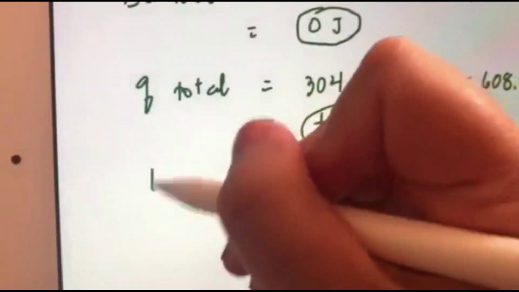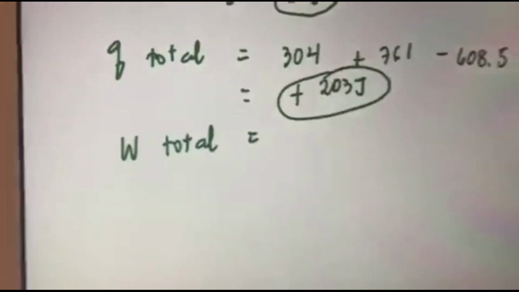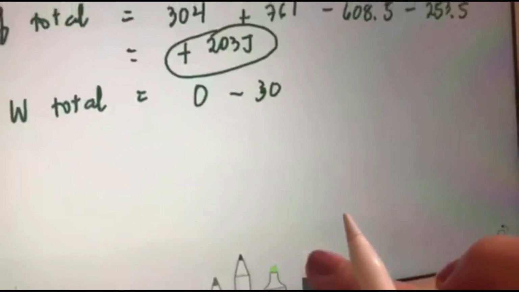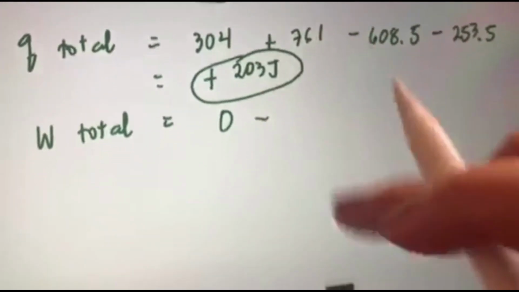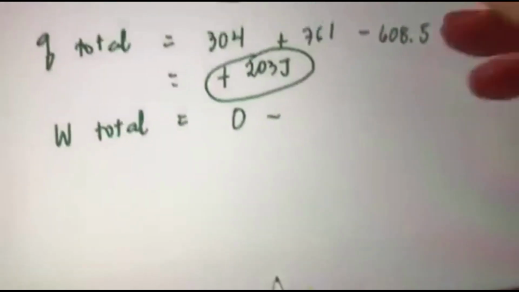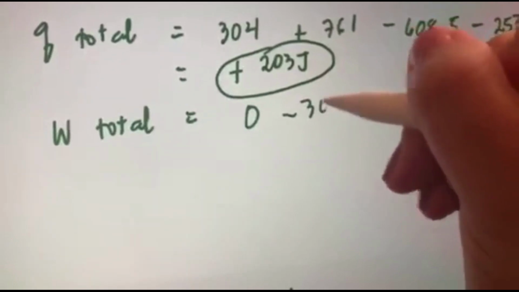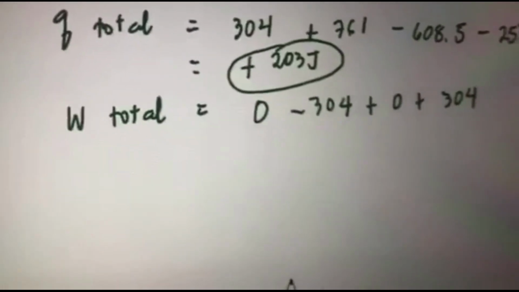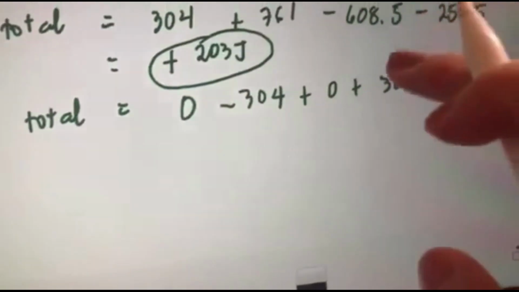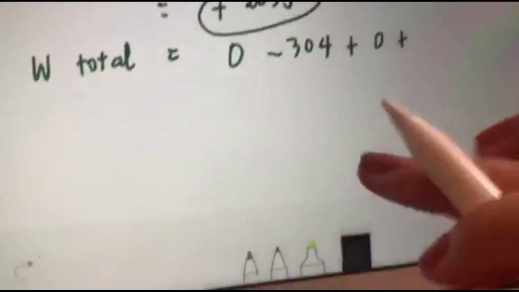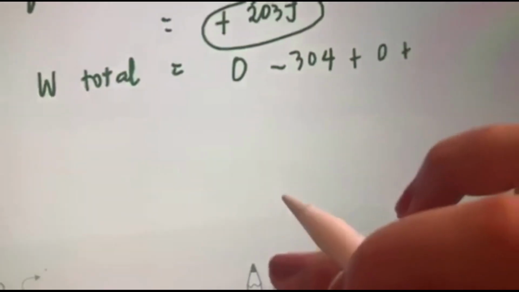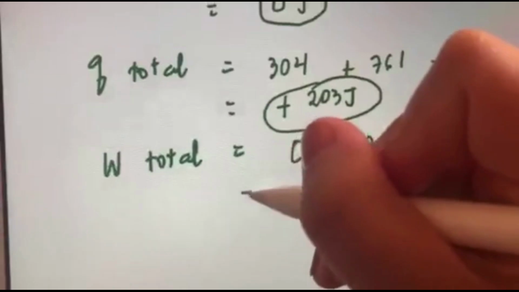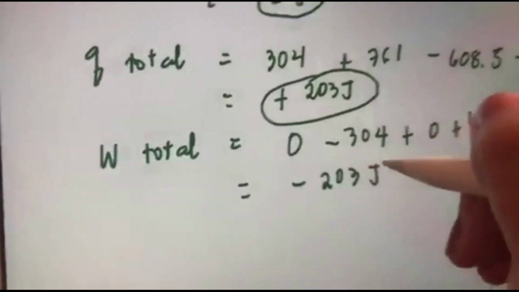While work total is equal to 0 minus 304 plus 0 plus 101, so work total is equal to negative 203 joules.